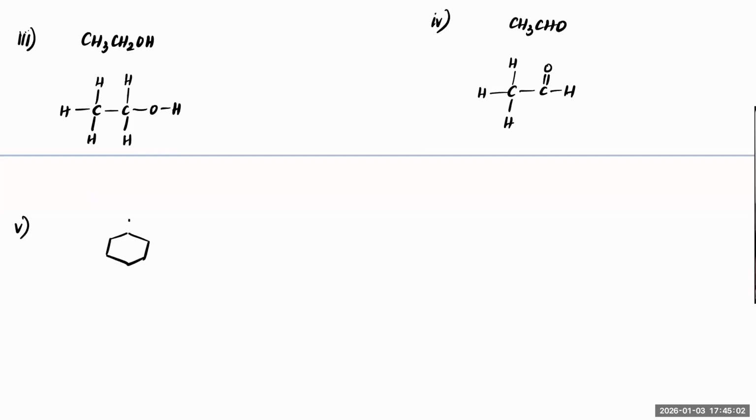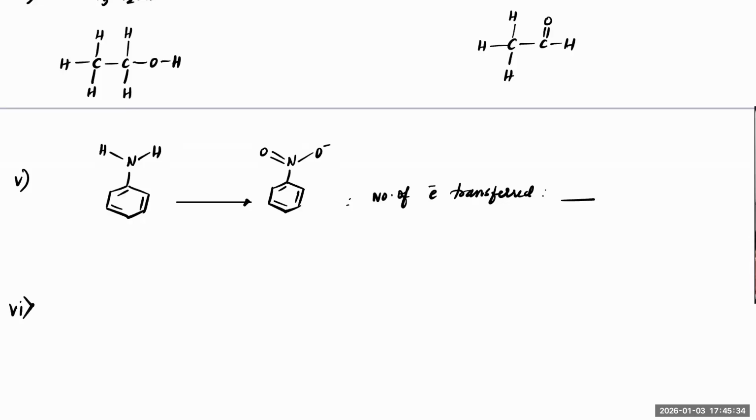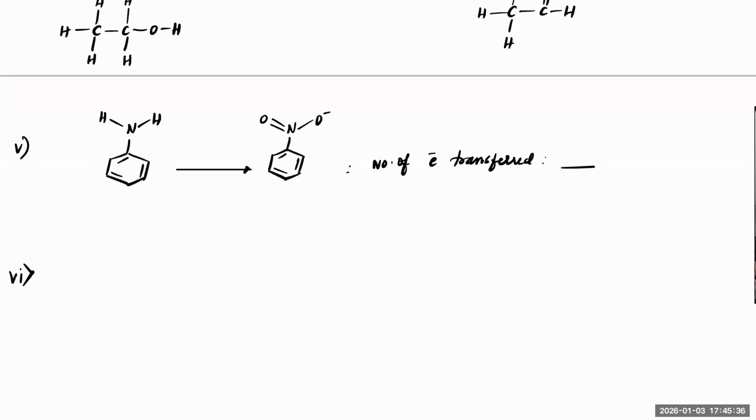Likewise, if I gave you benzene with a nitrogen on it like this, and another one with nitrogen with double bond O and O minus on this one, like this. So to convert from here to here, how many electrons are transferred? You need to figure out. So you need to check on nitrogen how much change has happened.